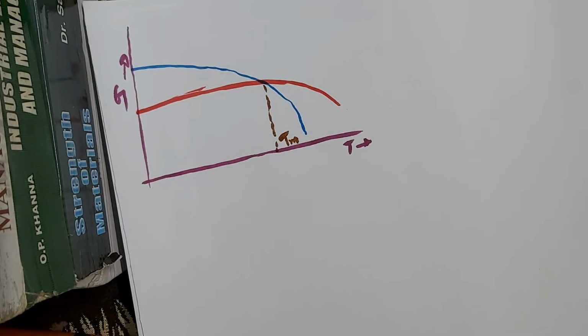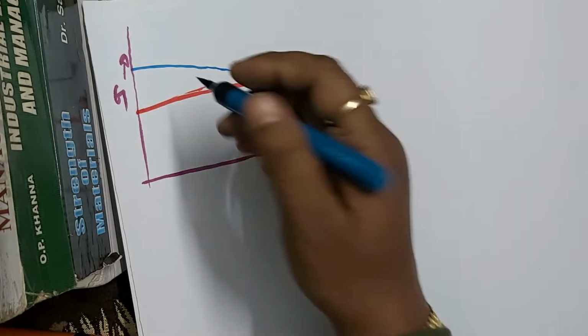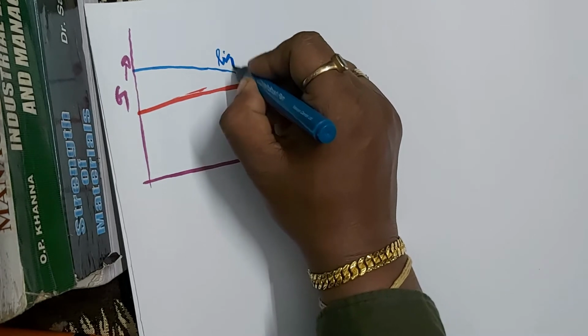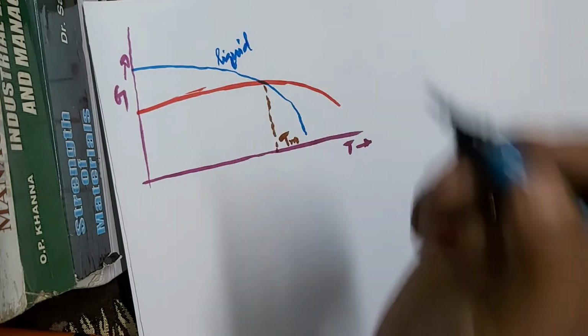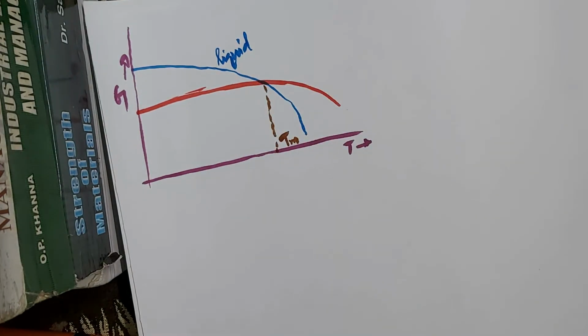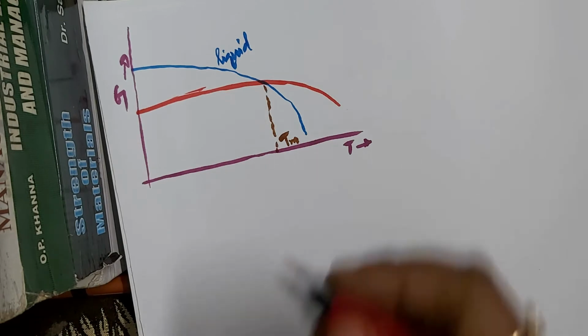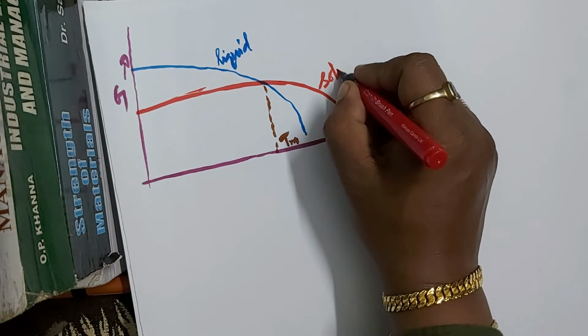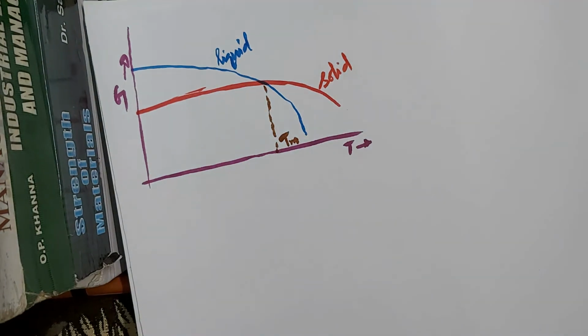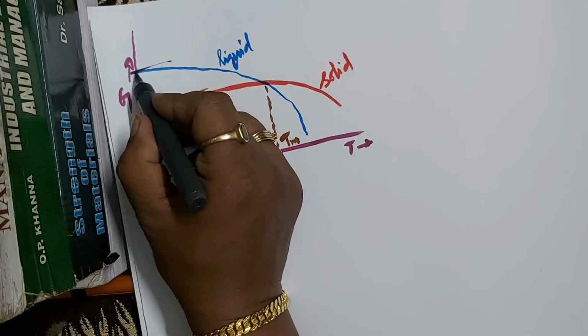The blue line is for liquid, and the red line is for solid. Here the slope is 0.